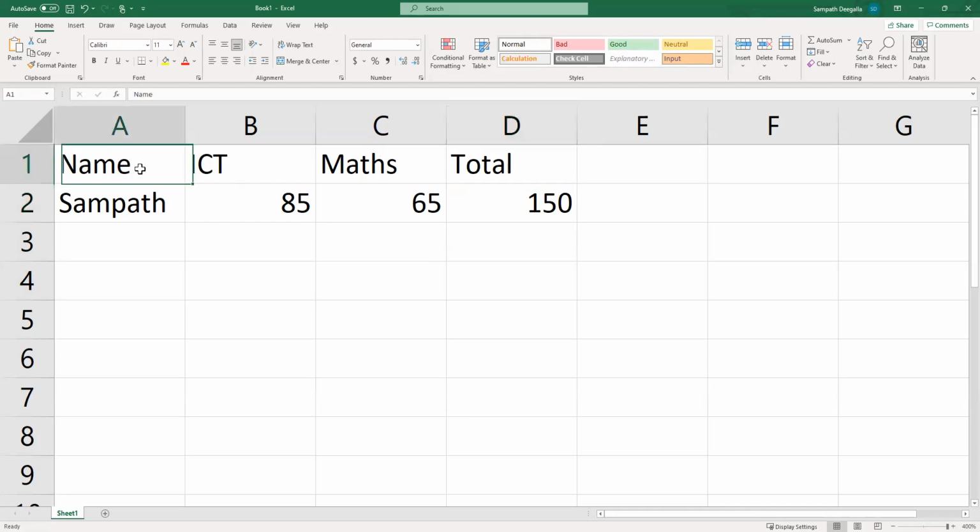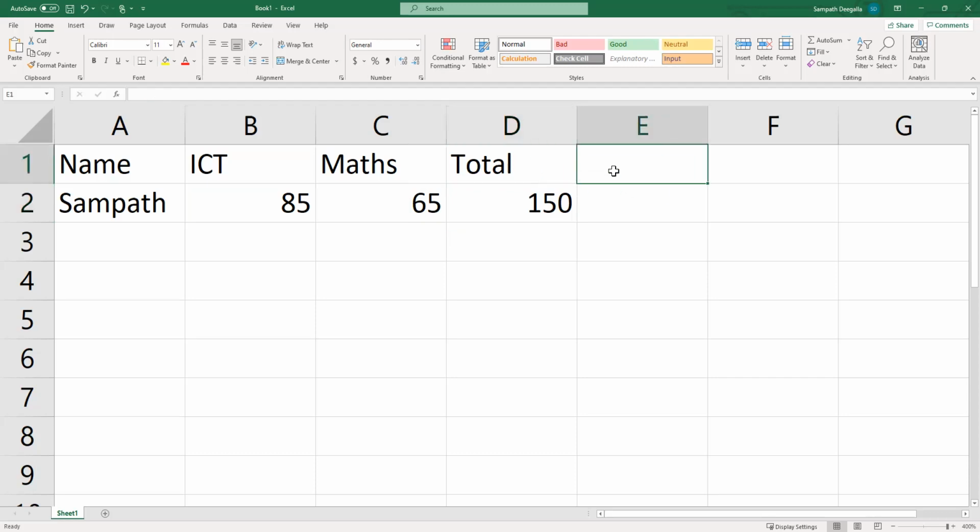The first one, labels, are left aligned. Then we can have numbers, which are right aligned. And then we can have equations called formulas. You can even have functions.